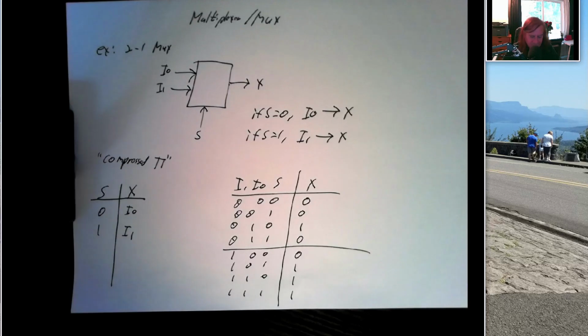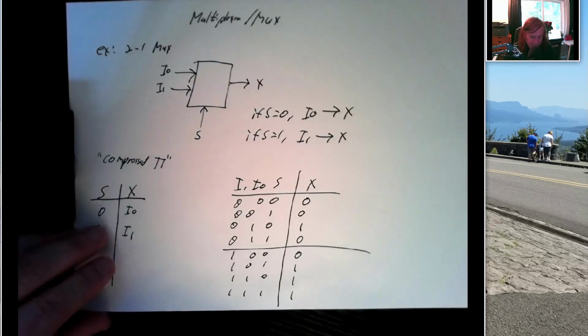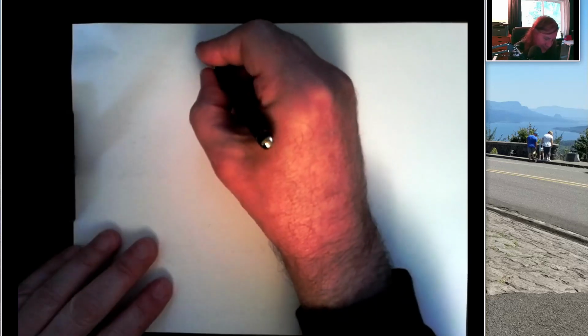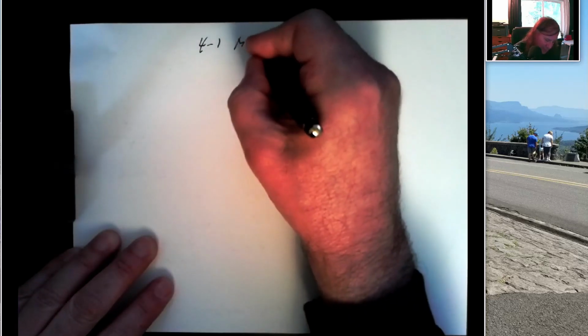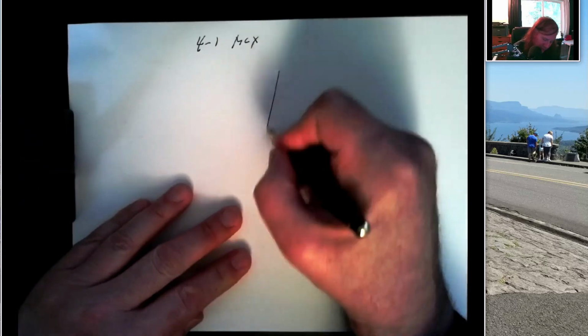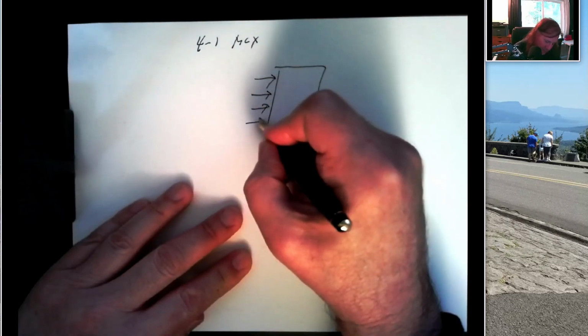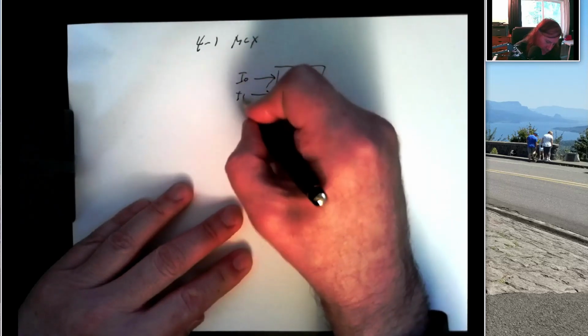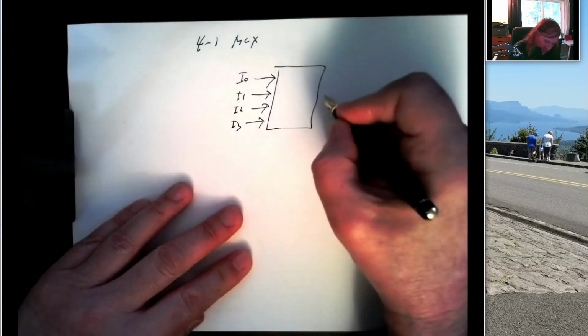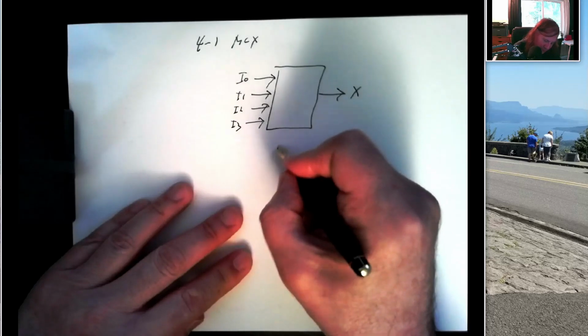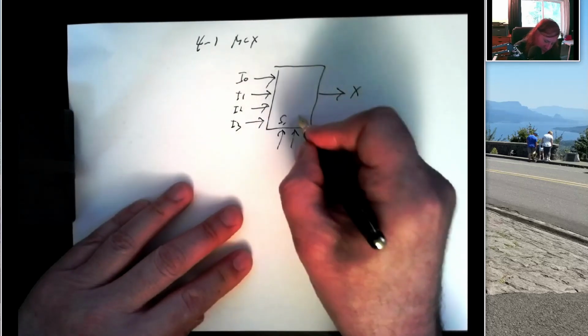All right, so that's a 2-to-1 mux. There are bigger multiplexers. For example, we could have a 4-to-1 mux. And this would look like this. Four inputs, one output, and then two select lines.